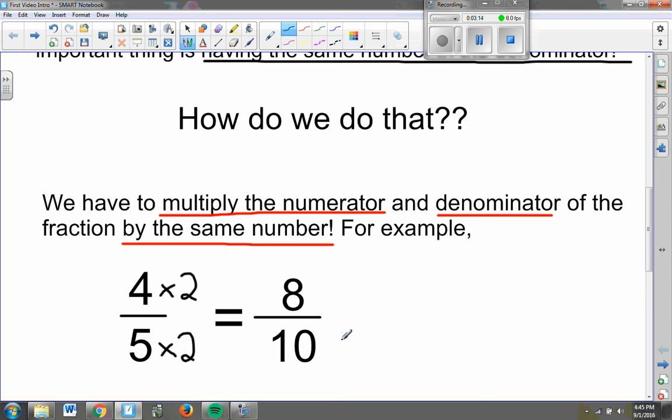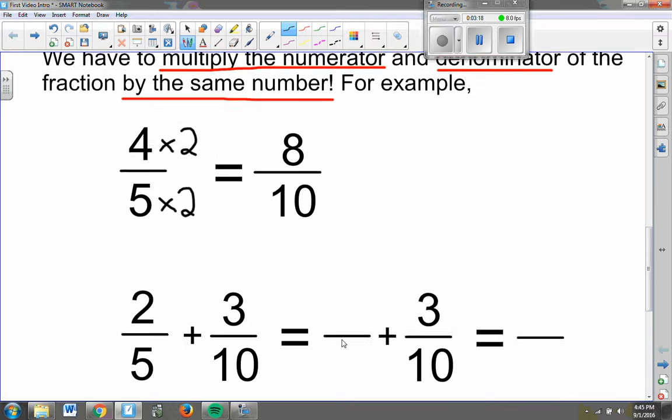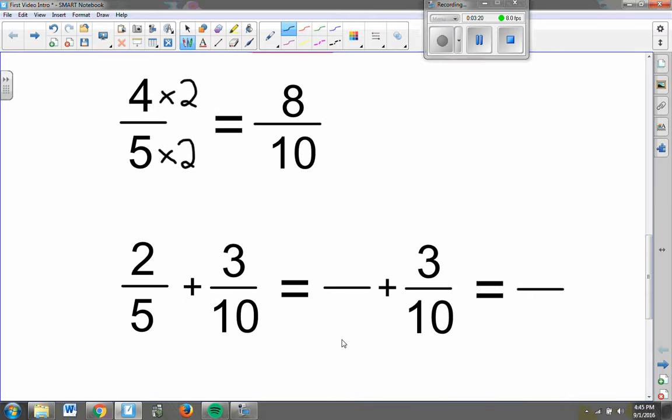Now here's what that looks like in an actual problem when we're being asked to add two fractions together. Okay, so here we're asked to add 2 over 5 plus 3 over 10. Now notice that the 5 right here and the 10 right here are not the same number.